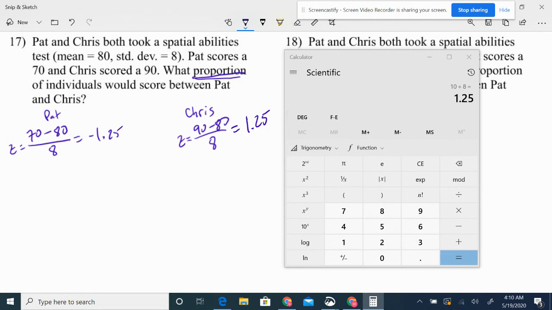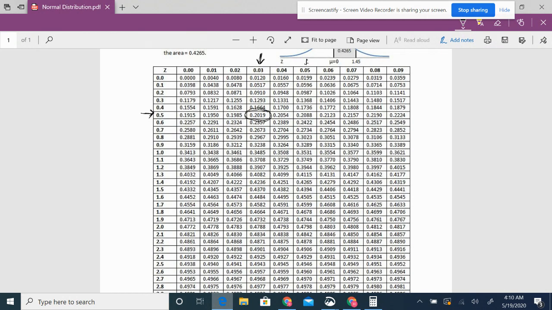Okay, they're basically 10 points from the mean. So now let me use my table here. I'm going to look for 1.25. So 1.2 is here. The 5 is here. 1.25 is 0.3944.